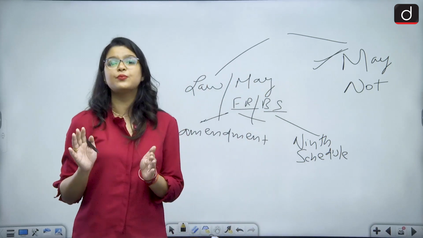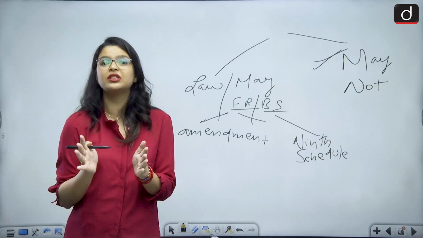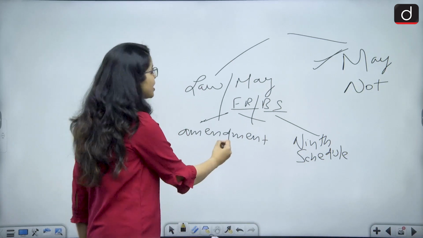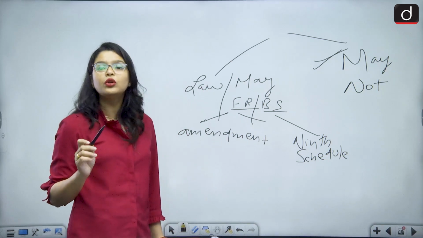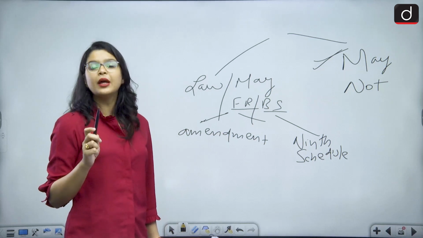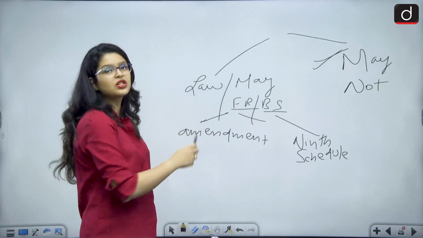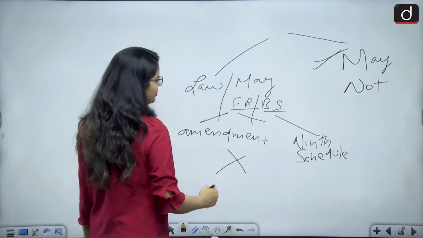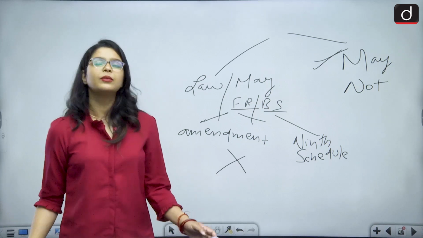Kindly note this point, that they can be judicially reviewed. They can be challenged, and if it is found that they violate the fundamental rights or basic structure doctrine, then they will be held invalid by our Honorable Supreme Court.